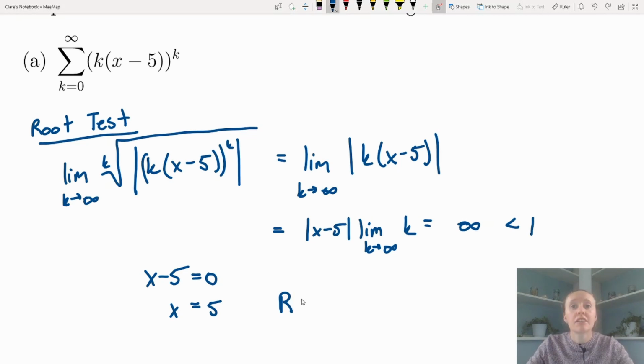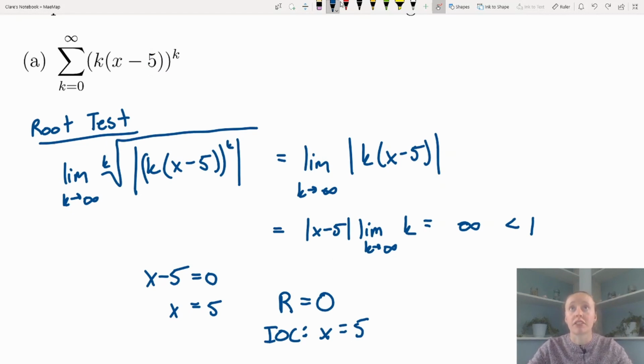So our radius of convergence in this case, our r, is equal to 0, and our interval of convergence, well, we're only converging when x is equal to a specific value, so that's converging at a point when x equals 5. And notice above when we said that r was equal to 0, we were going to converge only when x was equivalent to where it's centered at. Here you can see we're centered at an a value of 5, so there we go. x equals a.